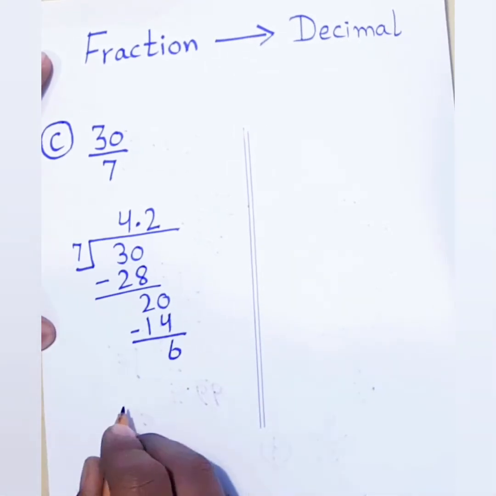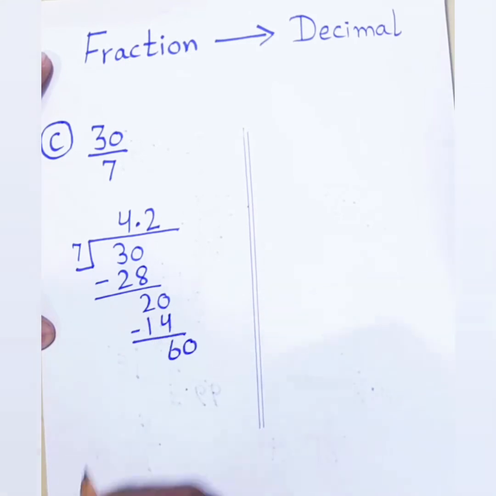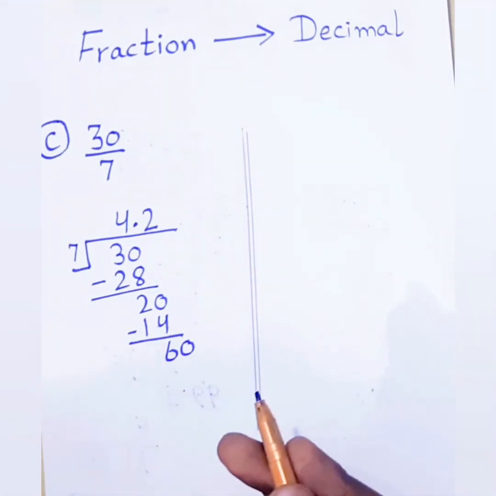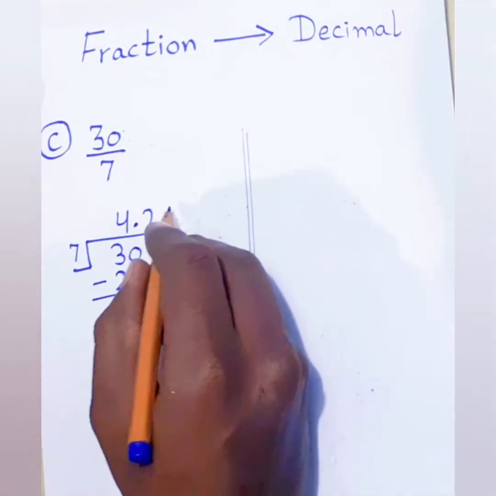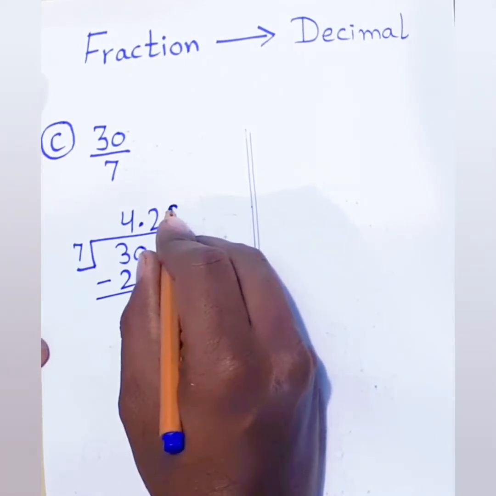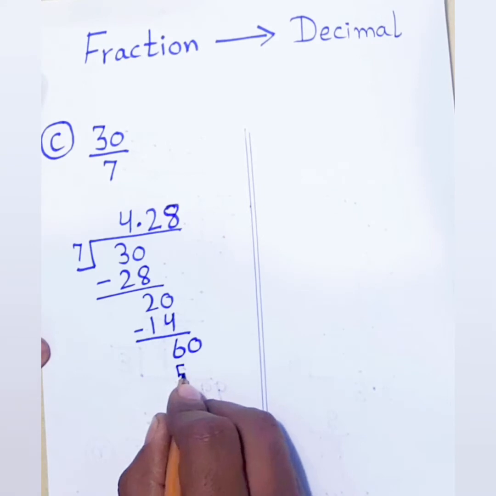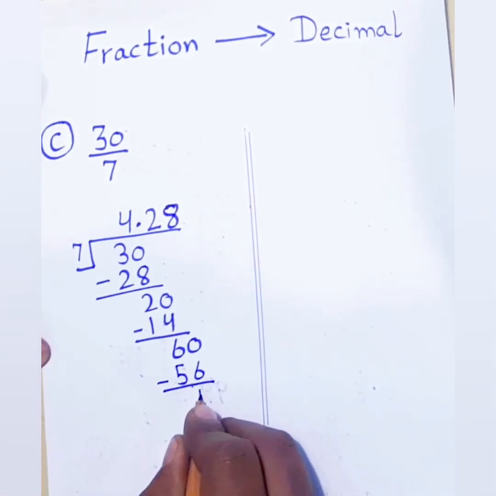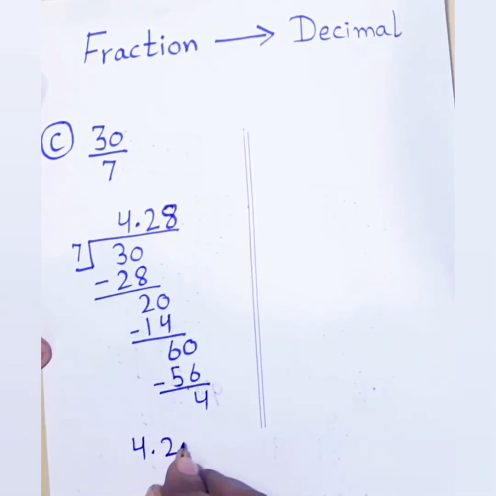Okay, so again we have to add a 0 here. 7 ones are 7, 7 2s are 14, 7 3s are 21, 7 4s are 28, 7 5s are 35, 7 6s are 42, 7 7s are 49, 7 8s are 56. Okay, the remaining part is 4. Okay, so the answer is 4.28.